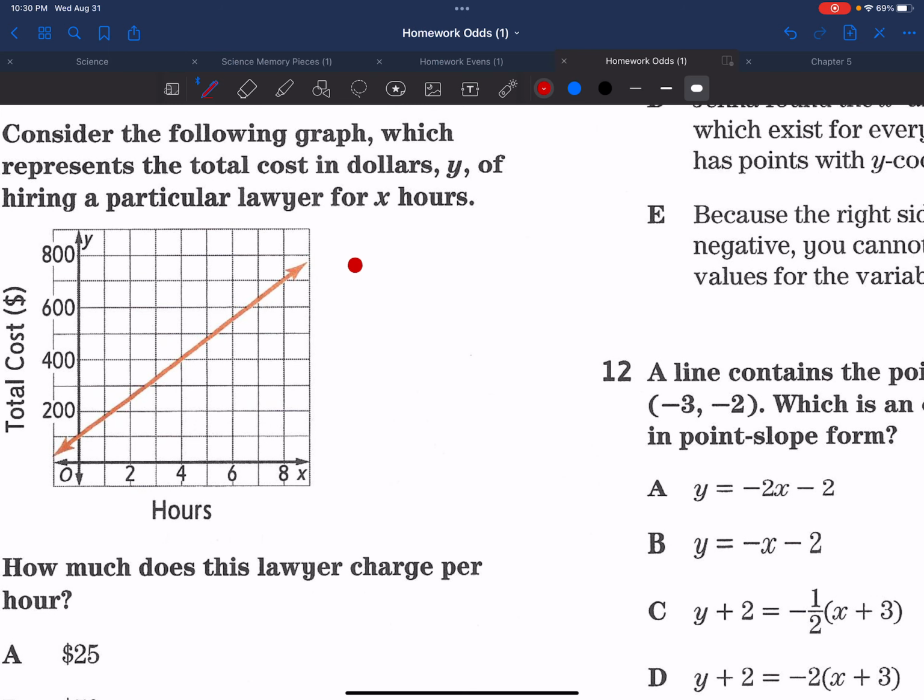So we need to know the unit rate. The question I'm being asked to solve is, what does this lawyer charge per hour? So we are looking at the number of dollars for 1 hour.